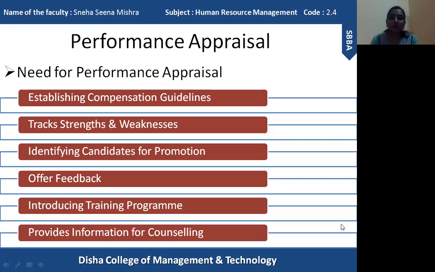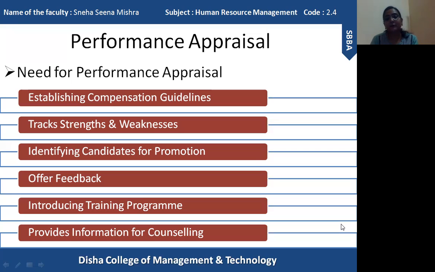So in order to find out what extra a person deserves, or whether the person deserves a raise, or whether they need to increase the salary of the employee, performance appraisal is necessary, because the only way of finding out an employee's exact level of performance is with the help of performance appraisal.